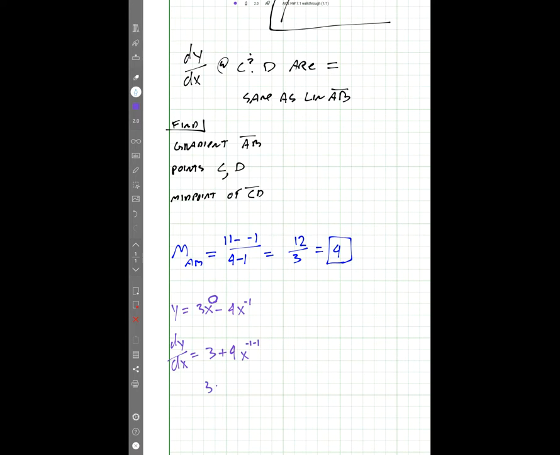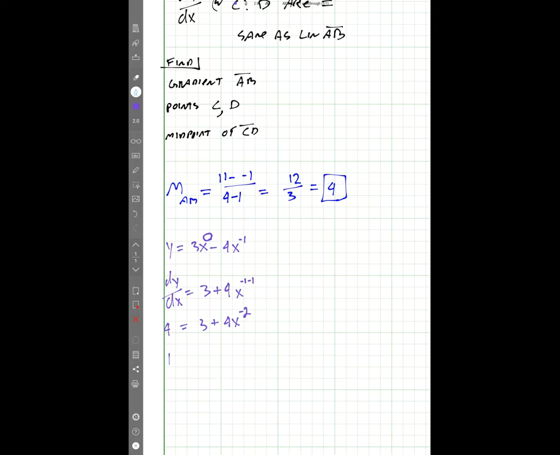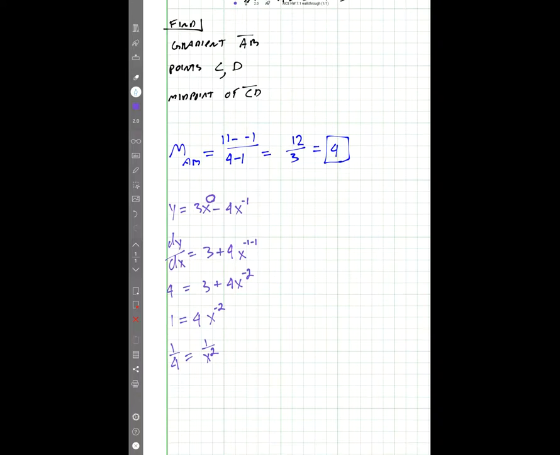So we get 3 plus 4x to the negative second power. That is equal to 4. So we can solve this: 1 equals 4x to the negative second power, so 1 over 4 equals 1 over x squared. So 4 equals x squared, so x is plus or minus 2.